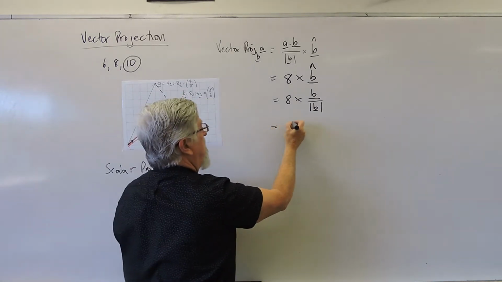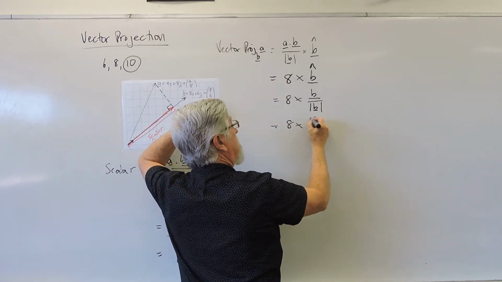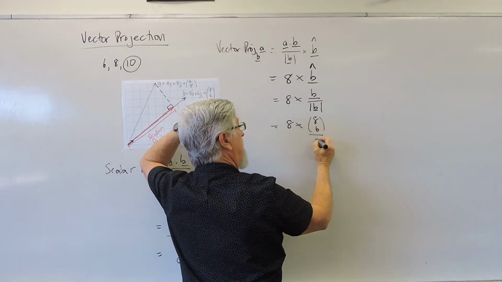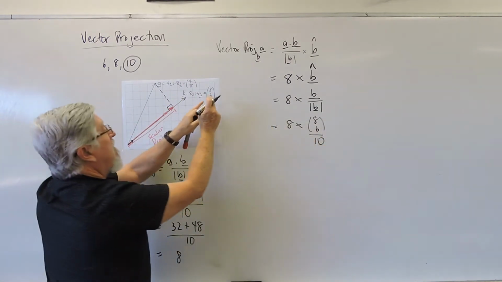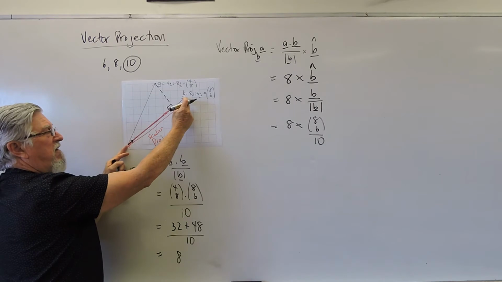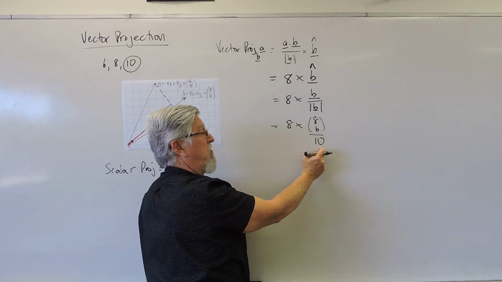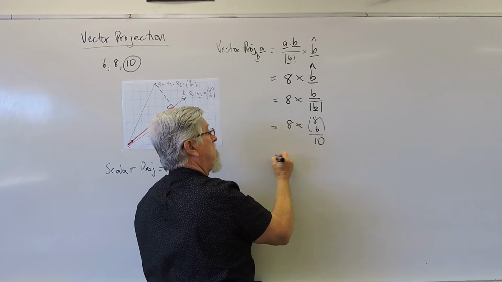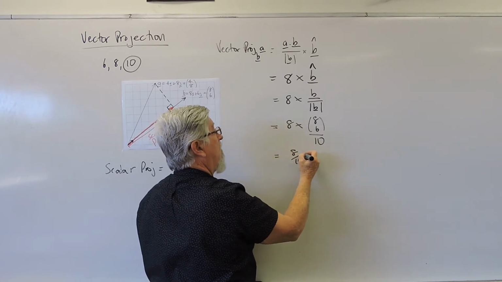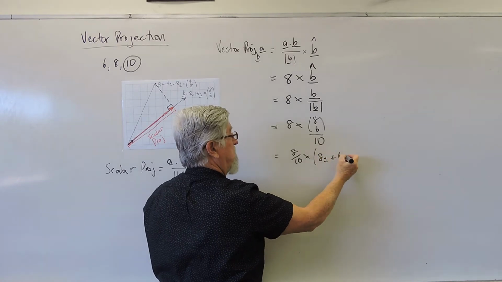The vector B is 8, 6, and the length of it is 10. So we're dividing that vector by 10, making it back to the length of 1 unit. So here we've got 8/10 of, and I'm going to write it the other way for a moment, 8i plus 6j.